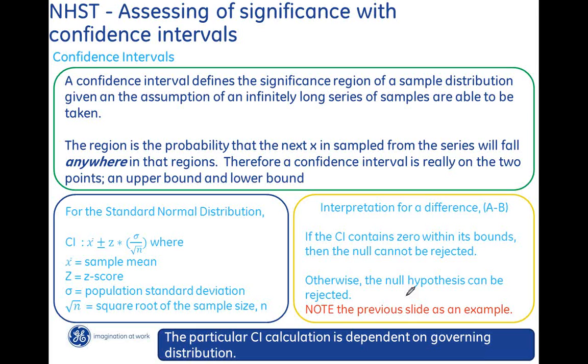So a confidence interval defines the region of significance based on only your minimum and maximum critical points, right? So if I have a 90% confidence interval, then I have a min and max defined by my critical value. And all it tells me is that 90% of the time, x will fall somewhere in between that interval. Could be the middle, could be really way towards the lower end, or really way towards the higher end.